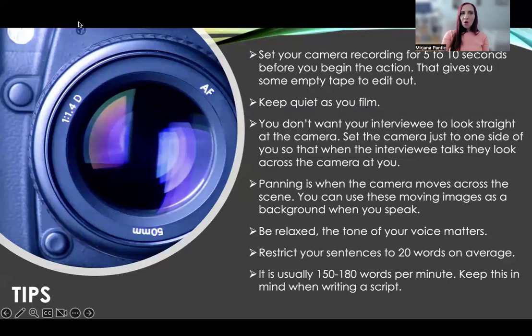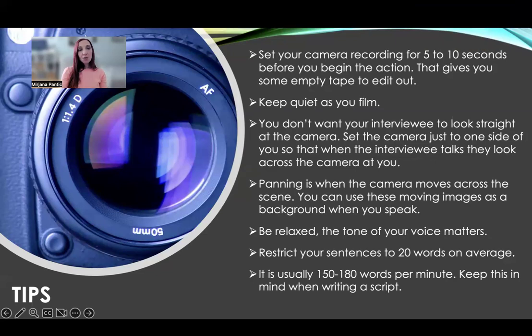We talked a little bit about how to take good photographs, but what do we do when it comes to creating videos? What do we do when we interview people with the camera? What are some things that we should keep in mind? First of all, if you're interviewing another individual, it is important to set your camera recording for 5 to 10 seconds before you begin the action.